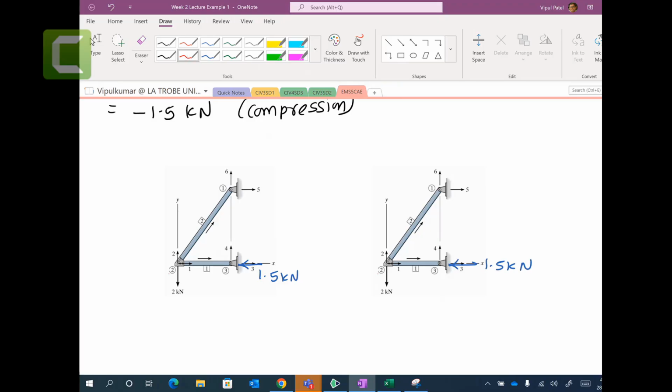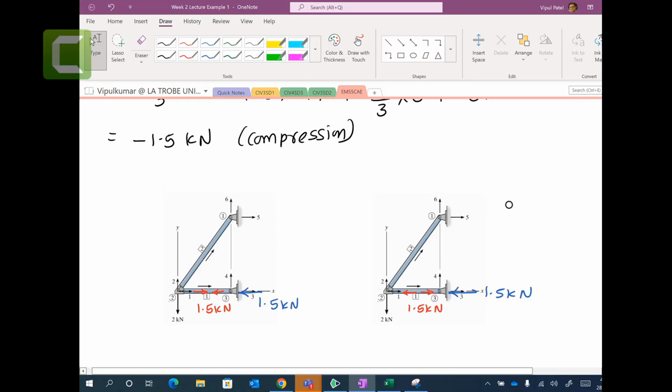Now my question to you, the red one. Should I put this internal force, which is in compression, going in these directions? Or should I put these ones going in this direction, 1.5 kilonewtons? Which one is the correct way to represent element number 1, which is in compression and is internal resistance? Is it the left side or the right side? Or let's put 1 or 2. Which one is the correct way to represent the internal force, which is 1.5 kilonewtons? And if you choose 1, why, and if you choose 2, why.